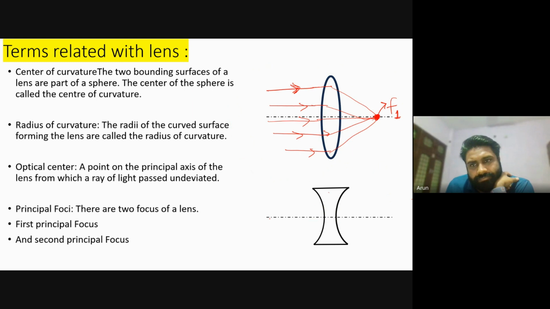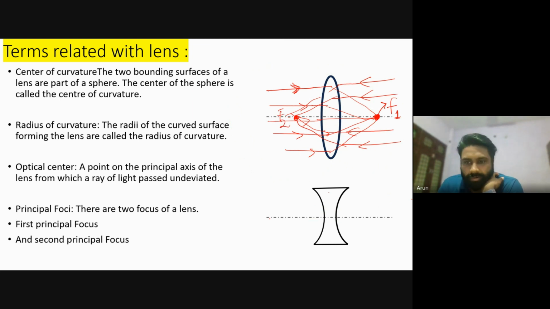Okay, what about the second principal focus? If you throw the same beam of light from here, it will converge here on the LHS of it. So this is termed as the second focus of the lens. Sorry, this is termed as the first focus and this is termed as the second principal focus. Got it? I hope you got this.